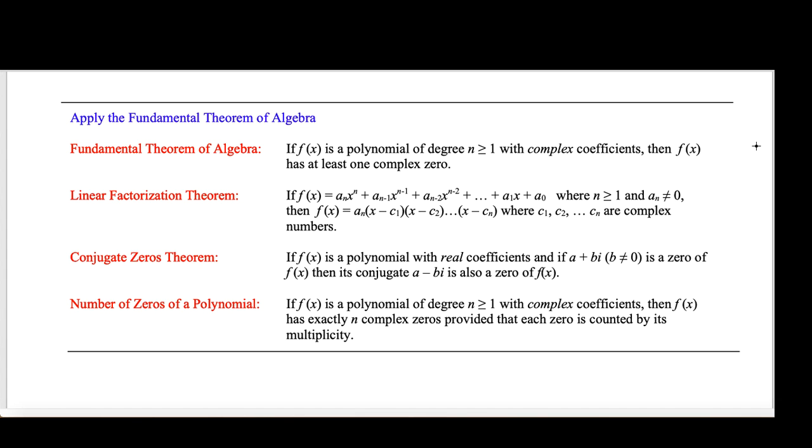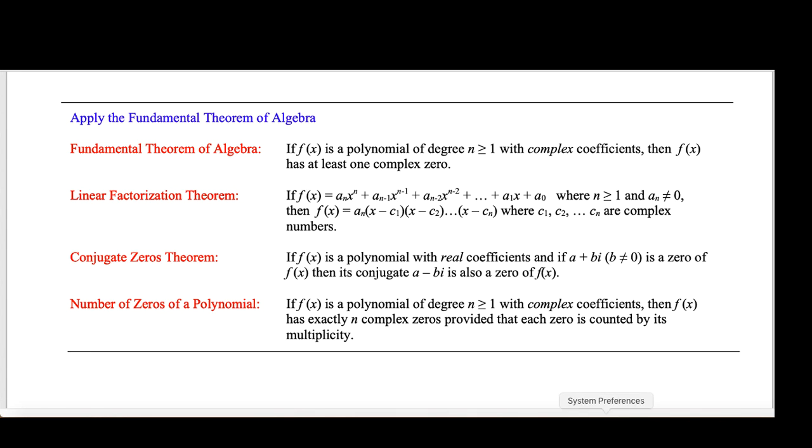So this is essentially stating that any polynomial function can be written in factored form. And the values of c sub 1, c sub 2, c sub n, and so forth are all zeros of the polynomial.